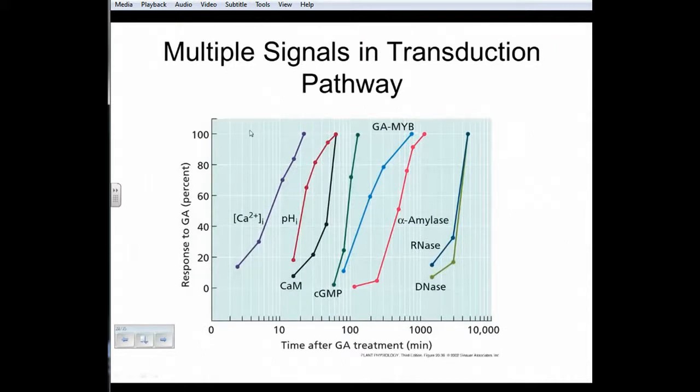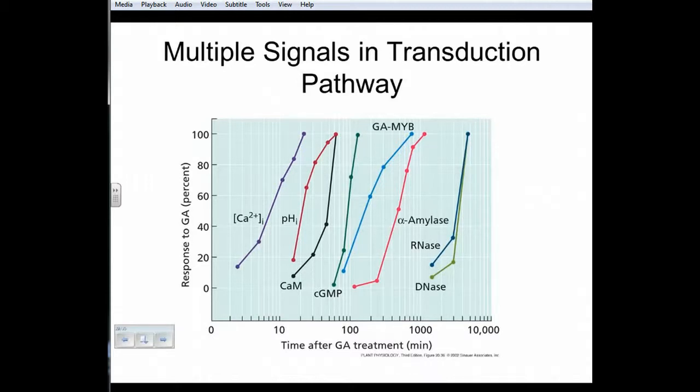Now, here is something I wanted to put in because it shows you the fact that you have this cascade mechanism, this signal transduction cascade. So you have calcium increasing, which changes the pH. That CAM is calmodulin. So the point is that you get a series of things happening, and then you get the alpha amylase produced.